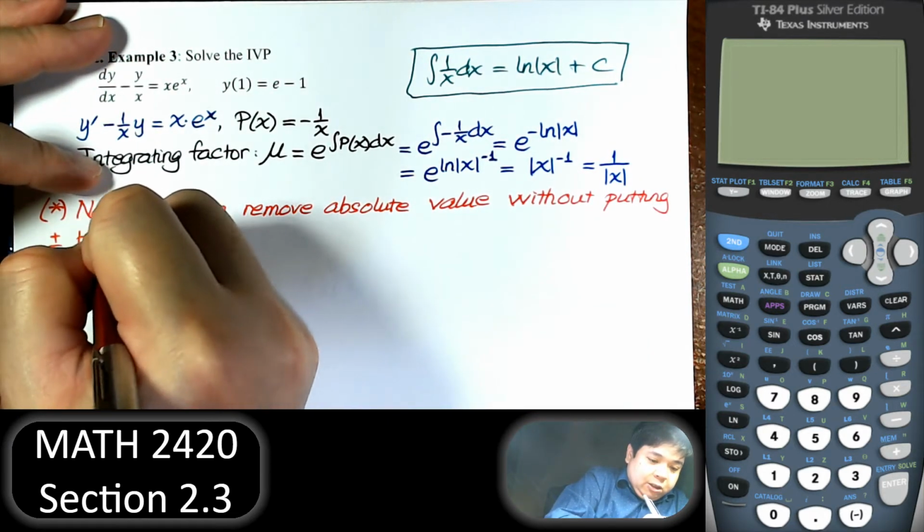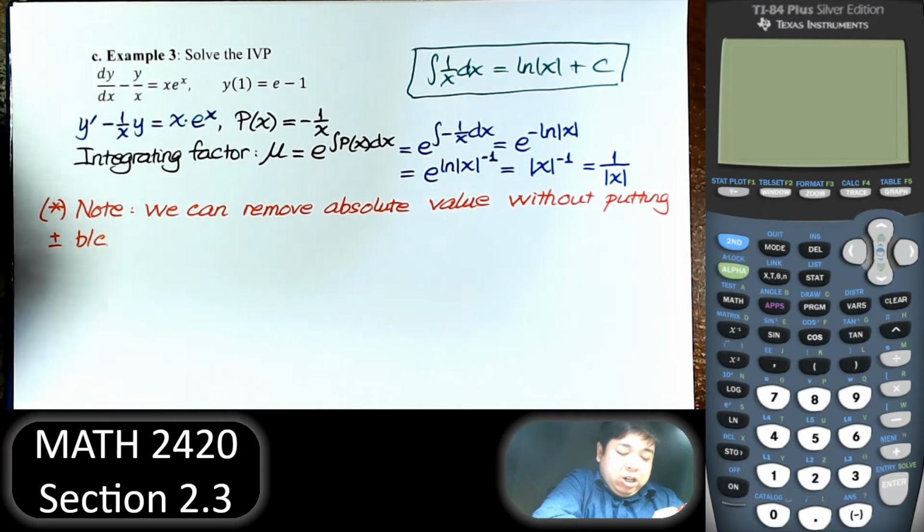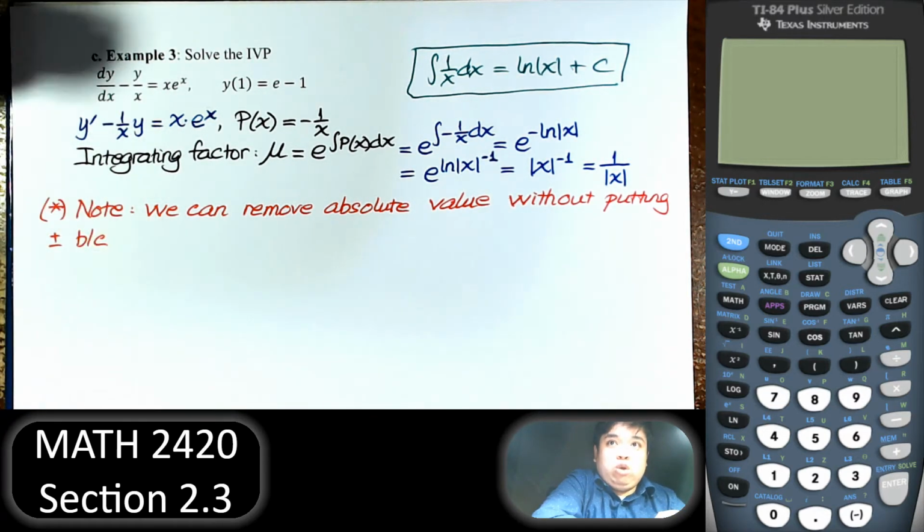Because, like I said, the nature of the integrating factor is to be multiplied on both sides. So when we multiply both sides, the constant c will cancel out, the plus or minus will be cancelled out.